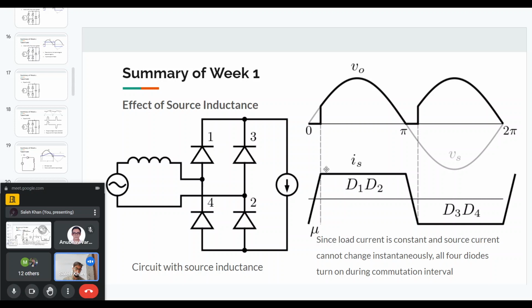So because of this gradual rise of current, the output voltage will have a notch kind of waveform, and because of this, the average output voltage will reduce. So that is the effect of having the source inductance. So the source current will have a gradual rise and fall, and the average output voltage will be reduced because of this source inductance.